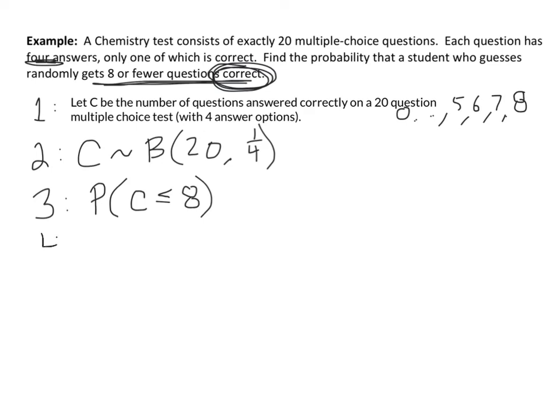Step 4, this actually still doesn't need to be simplified, and I'm going to explain why in just a moment. Now we get to step 5, and in step 5, I need to plug this into the calculator. But here's the catch.